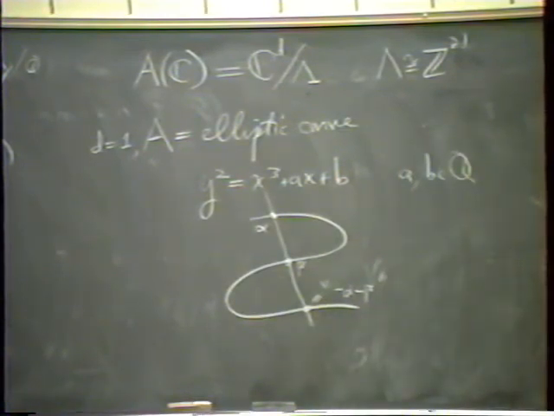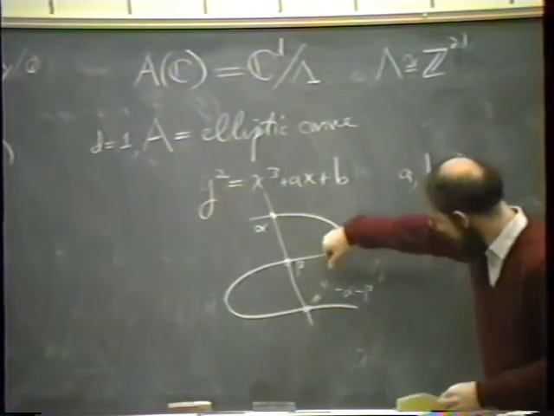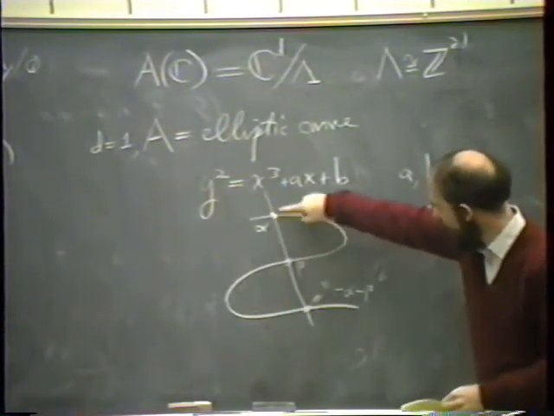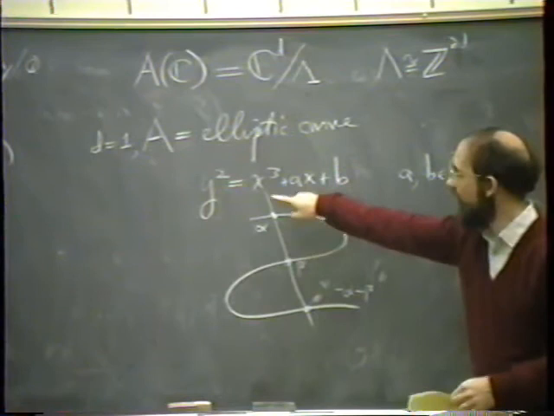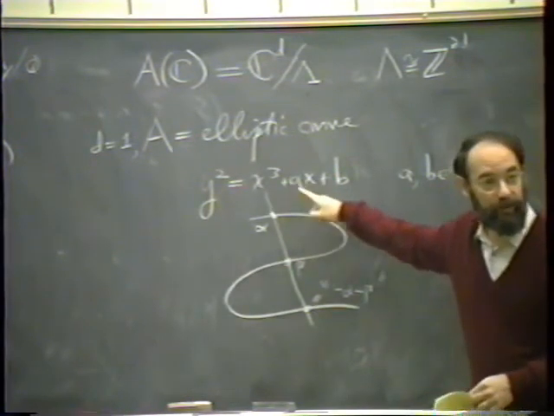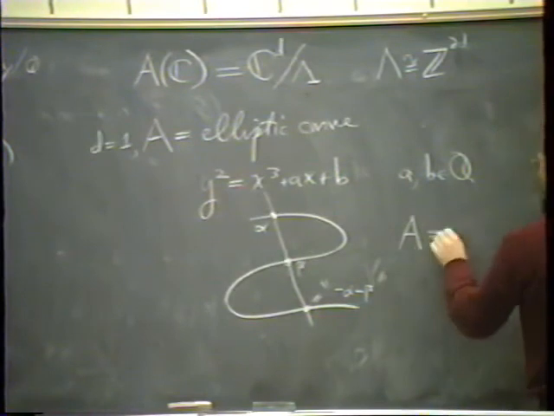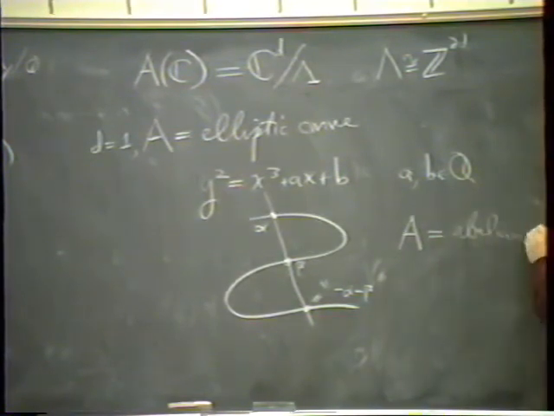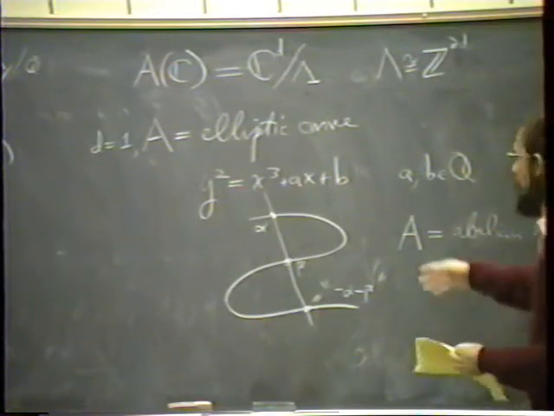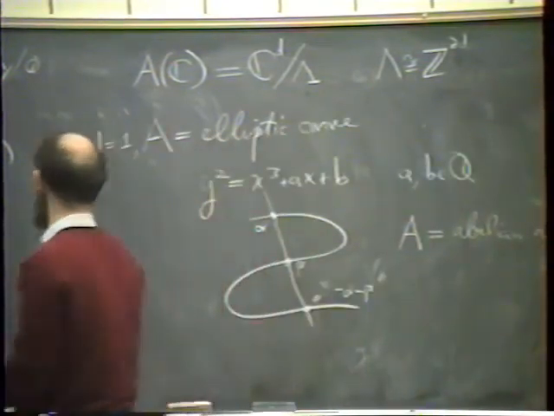And you discover that that rule defines an abelian group law on the points of this thing. So this rule makes A an abelian algebraic group, and more generally in higher dimensions, although I don't know how to draw the picture.